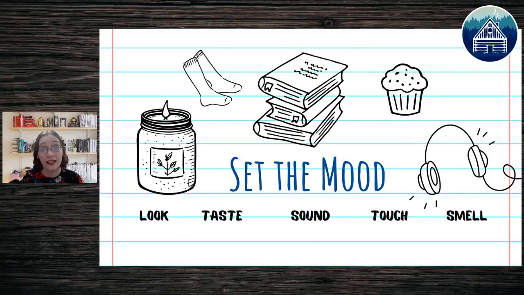And then finally, I like to think about smell. From candles to air fresheners or oil diffusers, there are a lot of different ways to make your writing station smell nice. While many people think this is optional, totally above and beyond, many studies have shown that our strongest memories are associated with smells.